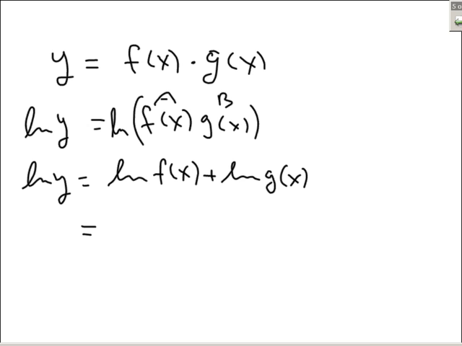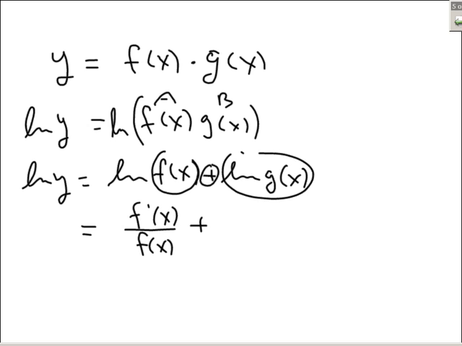Okay, let's take the derivative of the right side. The derivative of ln of anything, you put the anything in the bottom, and its derivative on top, plus the derivative of that. Left side, the derivative of ln of anything, you put the anything in the bottom, and the derivative on top.